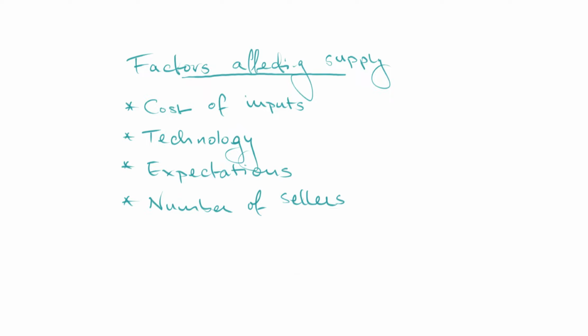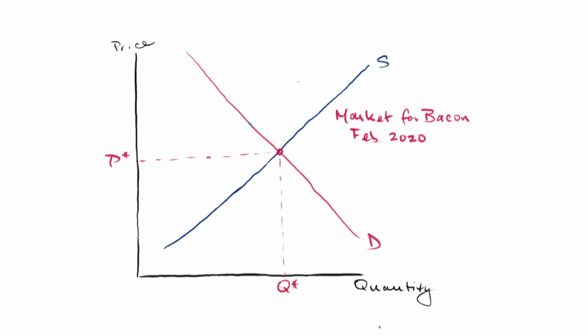Okay. Here's an example of an analysis of how a change in supply affects the market. During the COVID pandemic, there was a shortage of processed meats that happened sometime early in the summer of 2020. Okay, and we can maybe think of this as an increase in the cost of safely producing meat in meat processing plants.